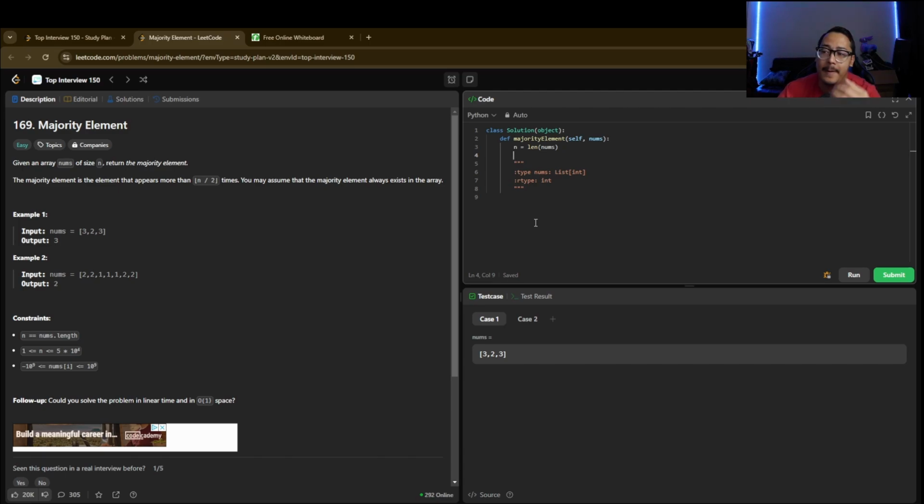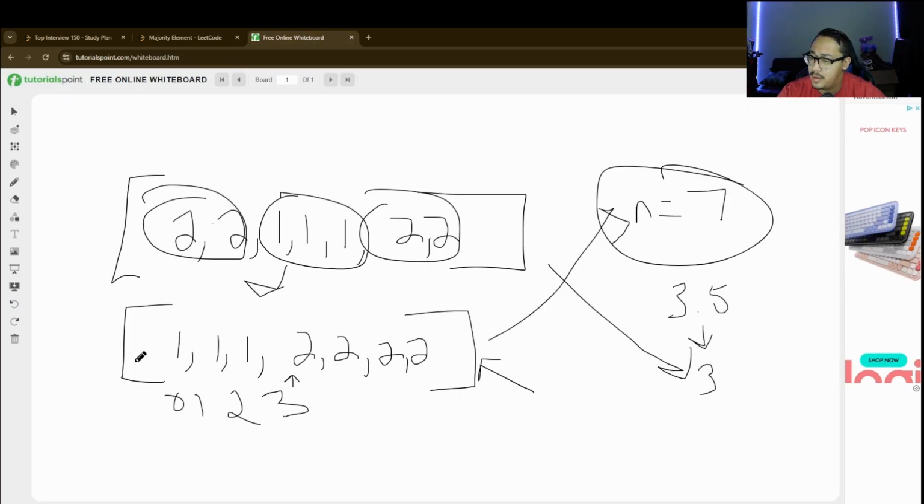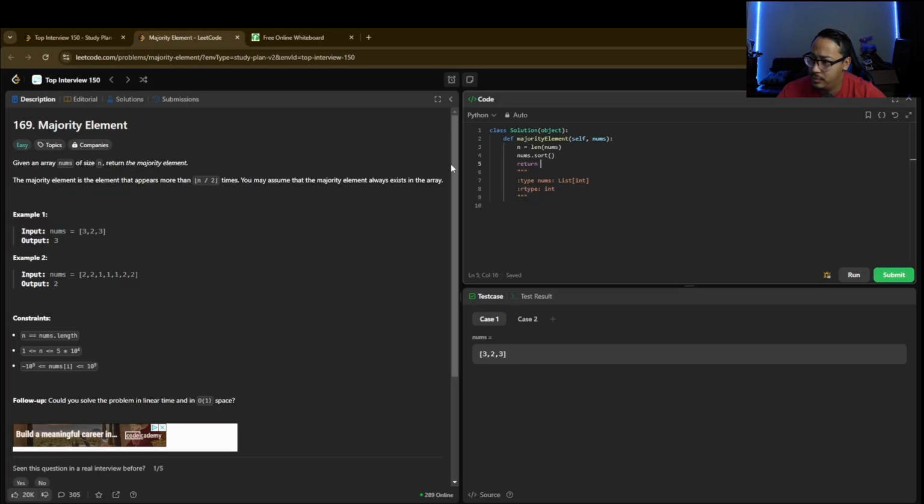Then we need to sort nums, so nums.sort. Then we're going to return, what are we returning? n divided by 2 rounded down.